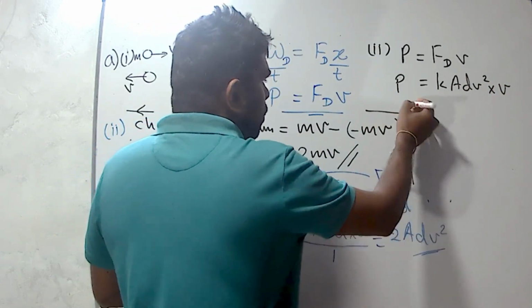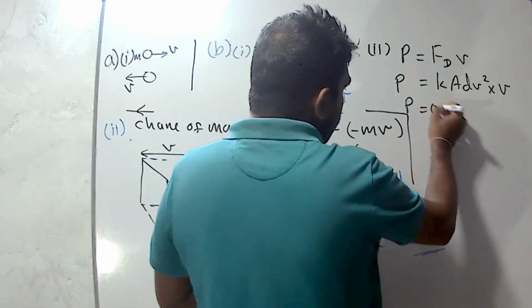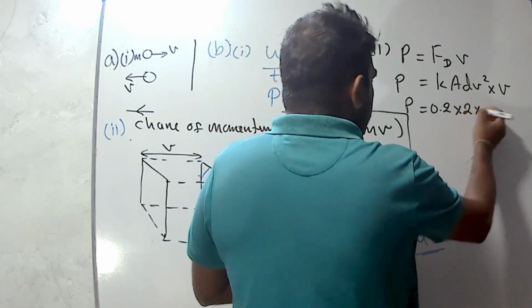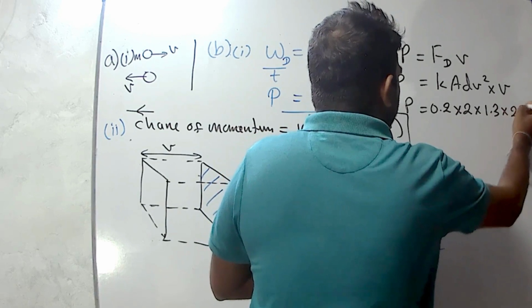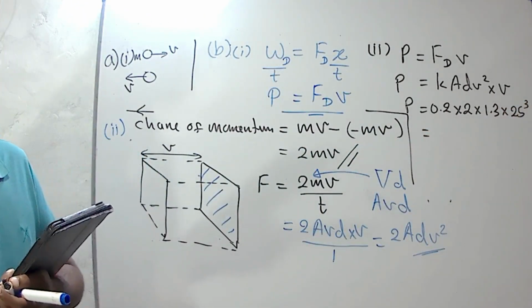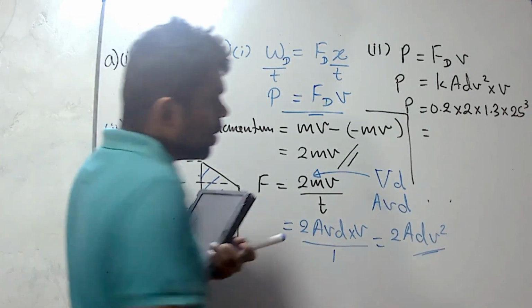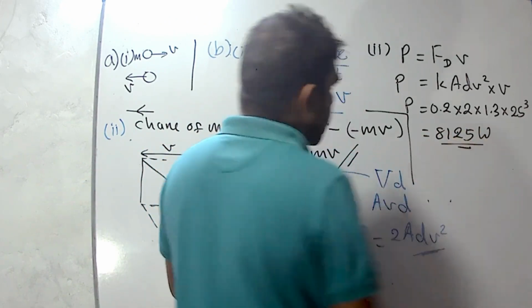Then we have to substitute values. K value is 0.2, area 2, density 1.3, velocity 25 cubed. We can multiply it and obtain the value 8,125 watts. It is the power.